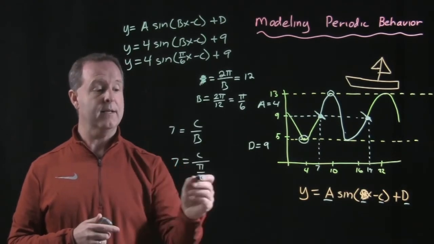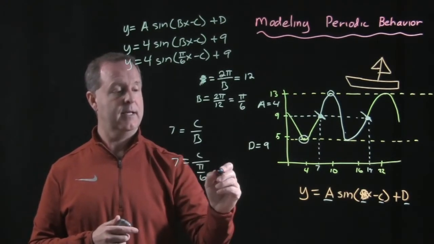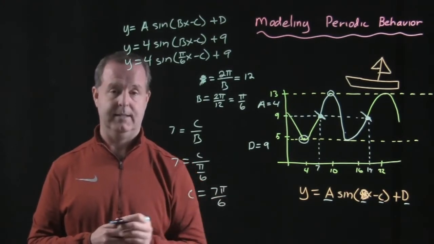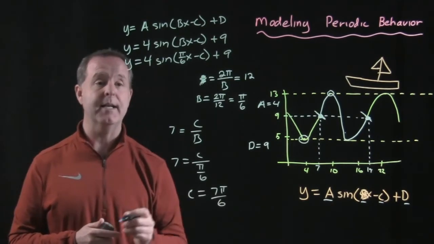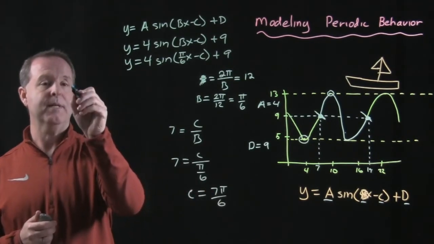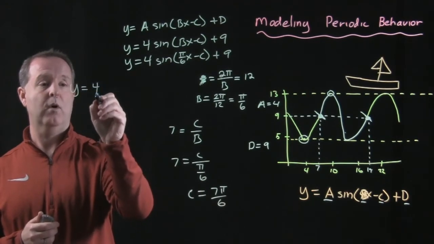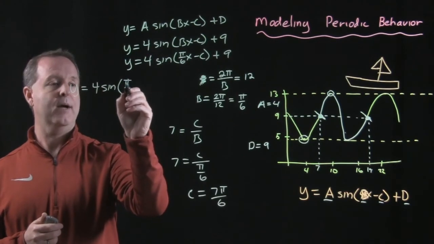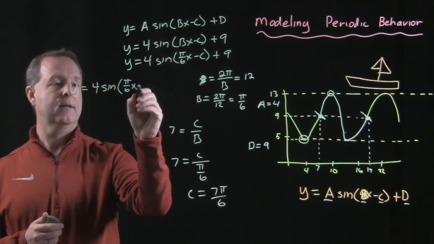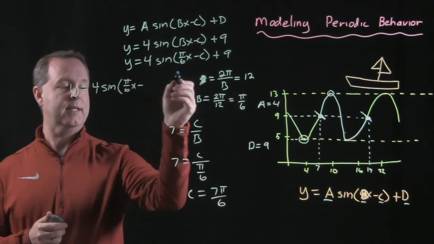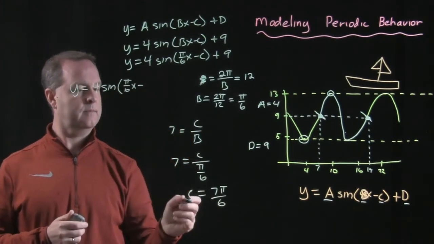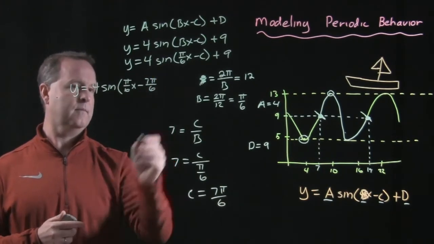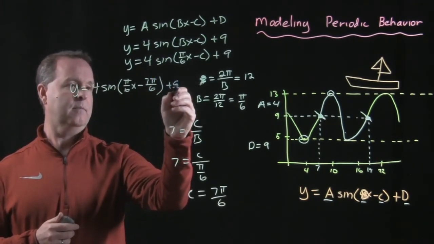Solve that for c, so multiply both sides by pi over 6, and I get c equals 7 pi over 6. Last piece of information I needed, so I have all of the pieces. So my complete model would be y equals 4, the amplitude, times sine of pi over 6 x minus my phase shift, which was 7 pi over 6, plus my vertical shift.